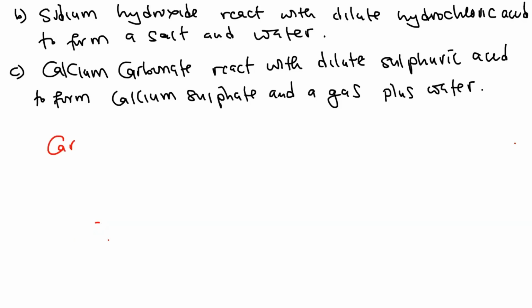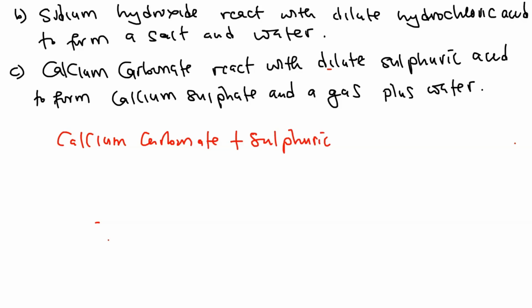Calcium carbonate, so you can say calcium carbonate react with, so plus dilute sulfuric acid. So don't write dilute, it's just sulfuric acid. Dilute, they're just telling you that they added some water. So sulfuric acid. Then what is going to form?